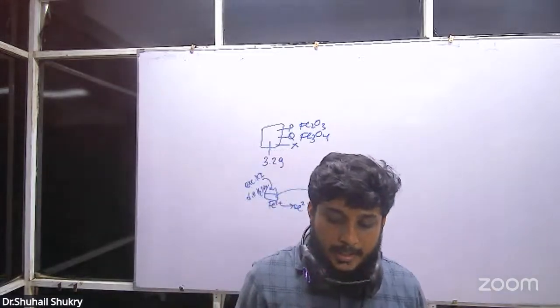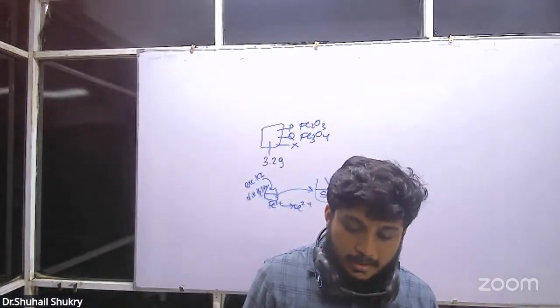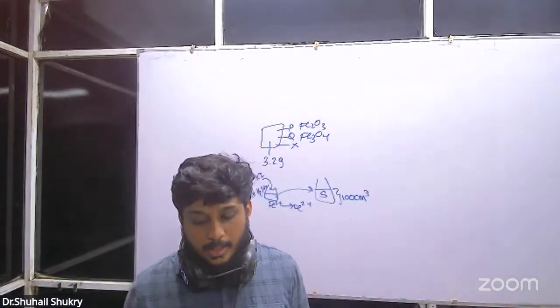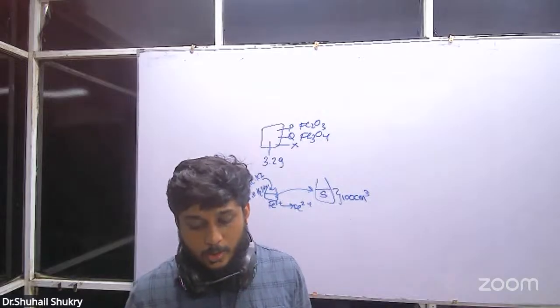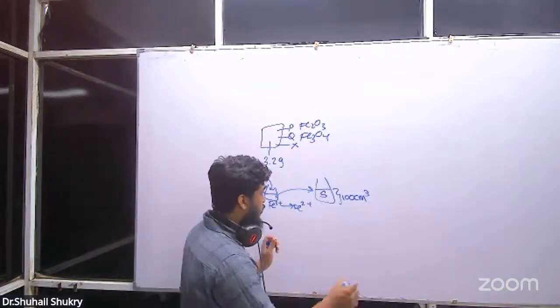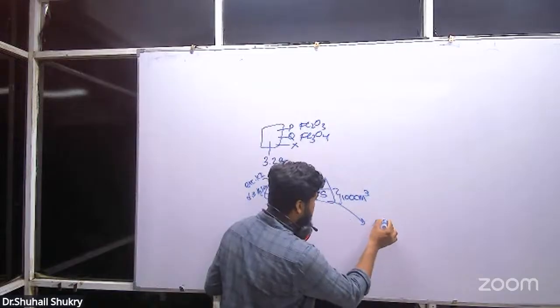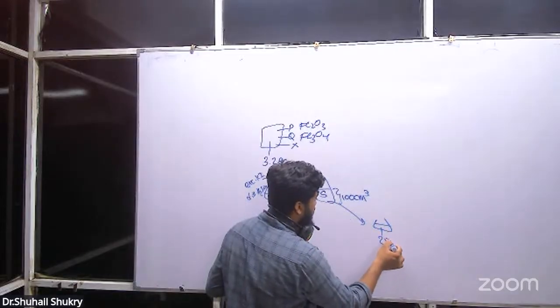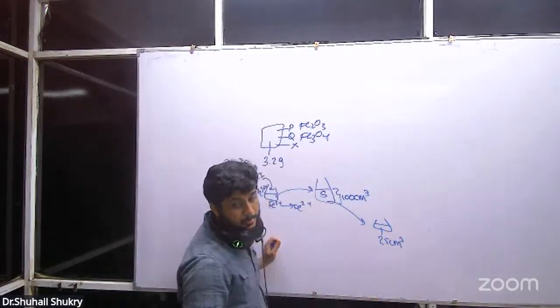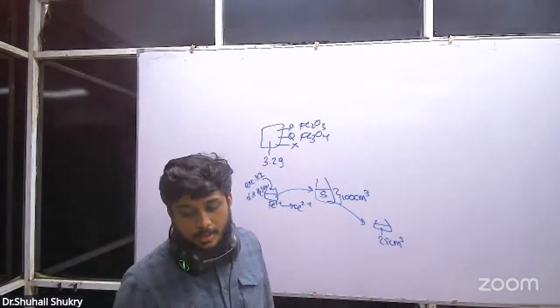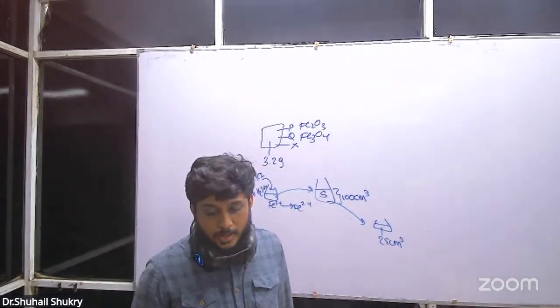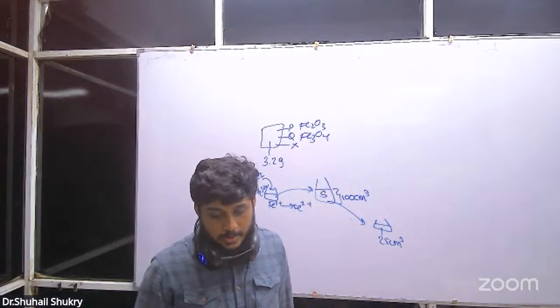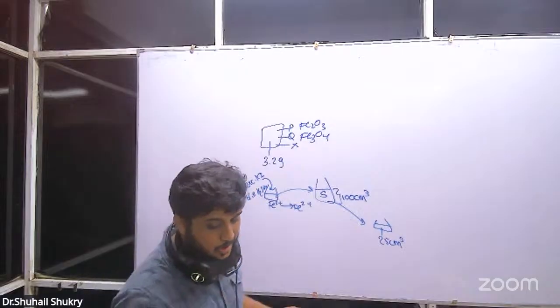To convert the iodine to iodide, from this diluted solution they separate a 25 centimeter cube volume. For this volume, 15 centimeter cube of 0.5 M sodium thiosulfate was required.